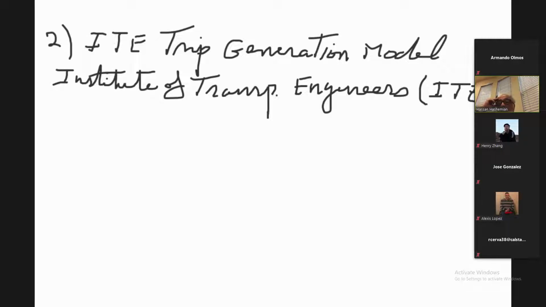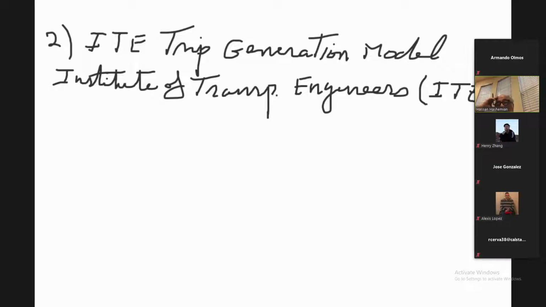It publishes books, does a lot of modeling, and they have conferences like ASCE, student chapters everywhere, international conferences, domestic conferences, division conferences. And they have over 100,000 members worldwide. So anybody who's interested in transportation can be a member of ITE.